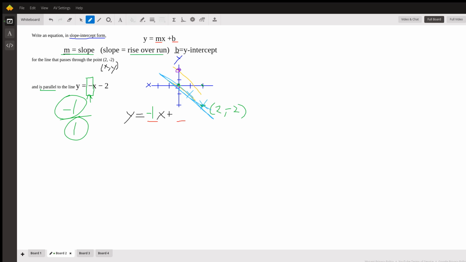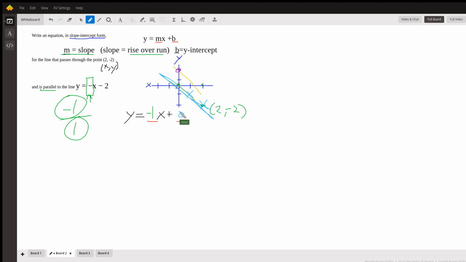And that is intersecting the y-axis at 0. So our b value is going to be 0. That's how you convert a line when you only know a point and something it's parallel to. You go to that point, find the slope, -1 over 1.